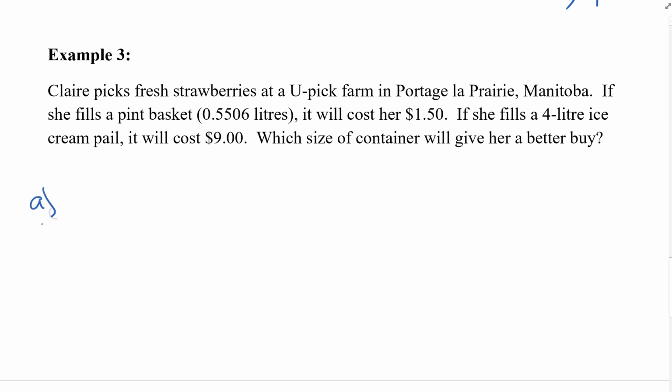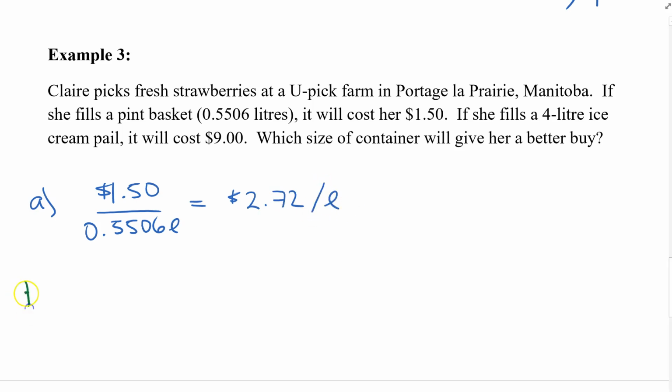Okay, so I'm going to say A. Option A is, and I'm going to put the cost on the top, $1.50 for 0.5506 liters. When I divide that out, I get $2.72 per liter.